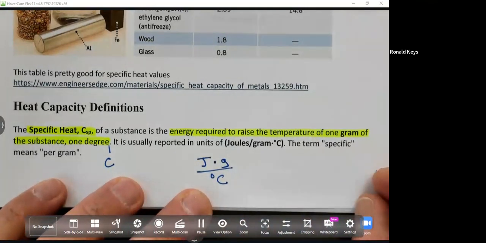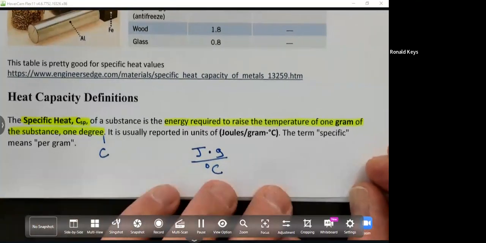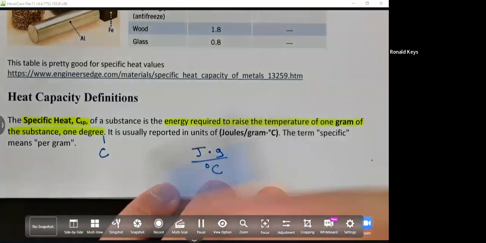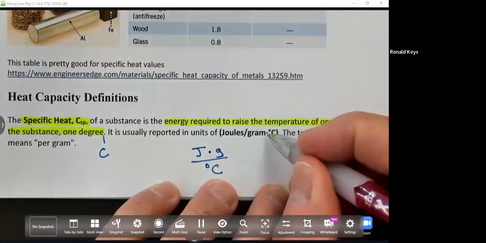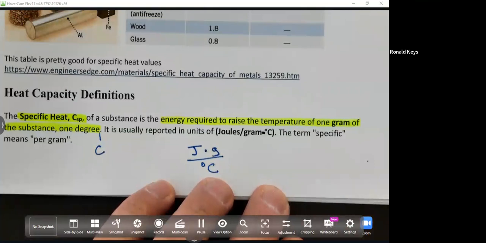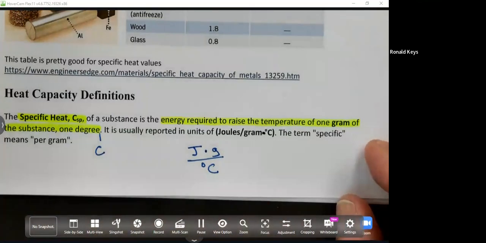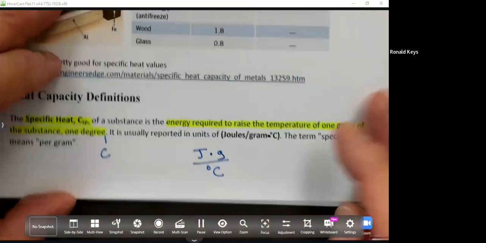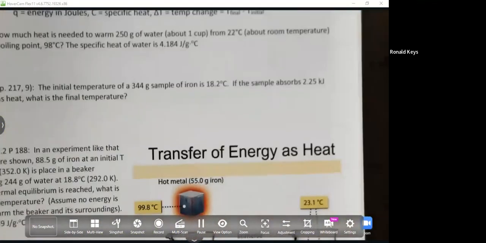This is just like a multiplication dot. The term specific heat means per gram. Let's go to the next page here.